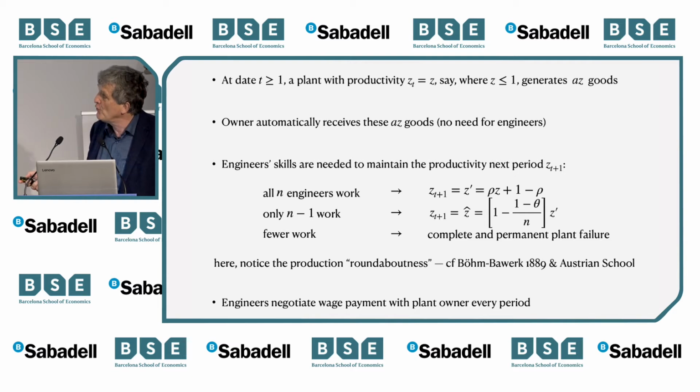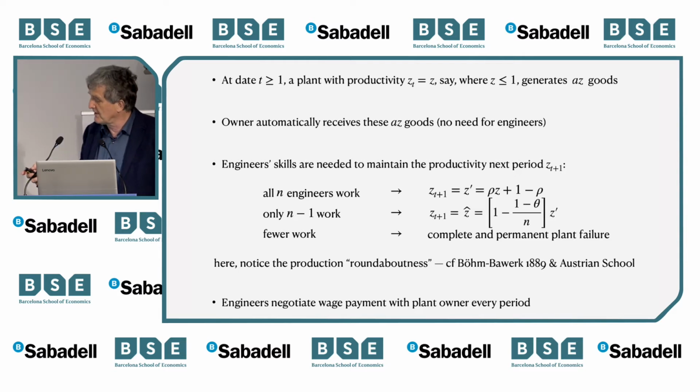Now, if only N minus 1 of the Little Johns pull their weight, and remember, whether I pull my weight as a Little John is at my discretion, because that's the inalienability of my human capital.